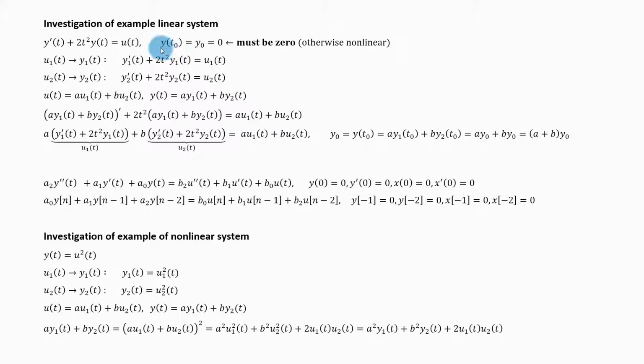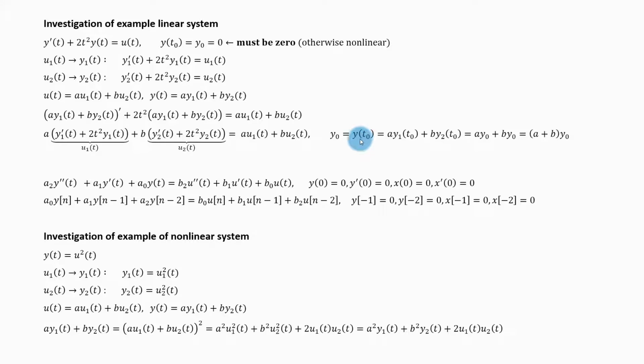This initial condition says that at time t0 the output should be y0. So at time t0 this output must be y0, this output must be y0, and this output must be y0. Now, if the linearity holds, this must hold, and it must hold even for the time t0.